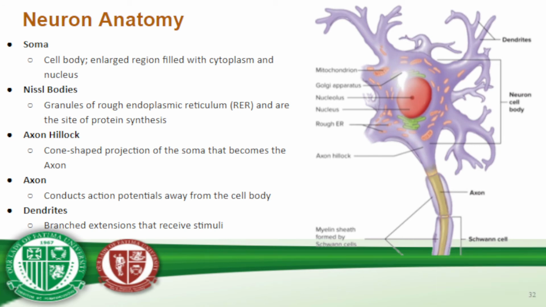So the axon, again, conducts action potentials away from the cell body. Axon away. So that's how you remember it. Letter A, because it sends action potentials away from the soma or cell body. While your dendrites, these are the branched extensions found in the soma, and their function is to receive stimulus.